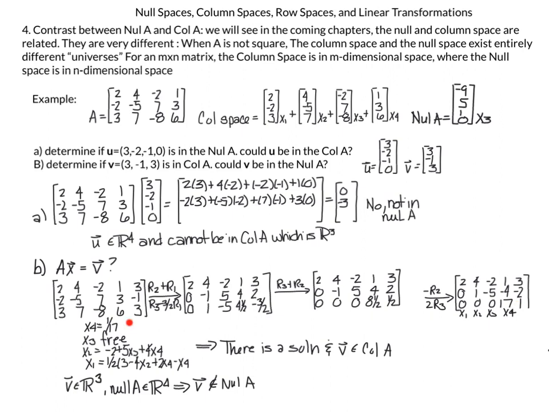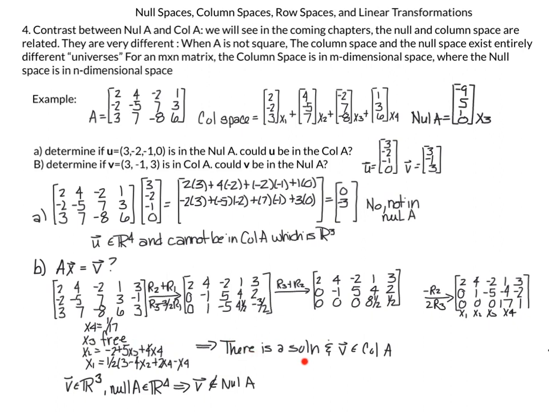So I have x4 equal to 1/17, x3 is free, x2 is equal to -2 plus 5x3 plus 4x4, and x1 is equal to 1/2 times (3 minus 4x2 plus 2x4 minus x4). So I can plug in x3 maybe equals 1, and I can find a solution.